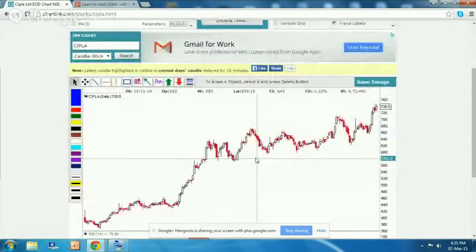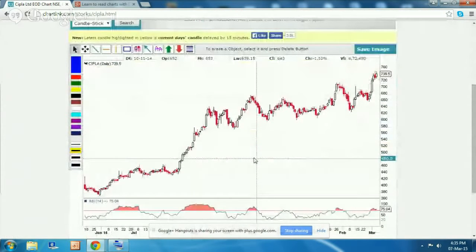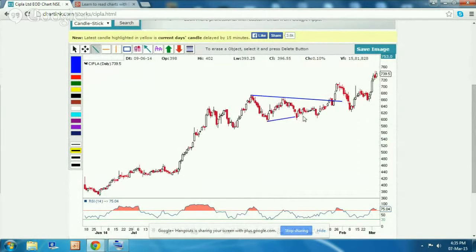Now let me show you one more pattern. I'm drawing a line from here and one more line like this. The top line joining two tops is slanting downwards, and the bottom support line is not exactly horizontal, slightly tilted on the upper side.